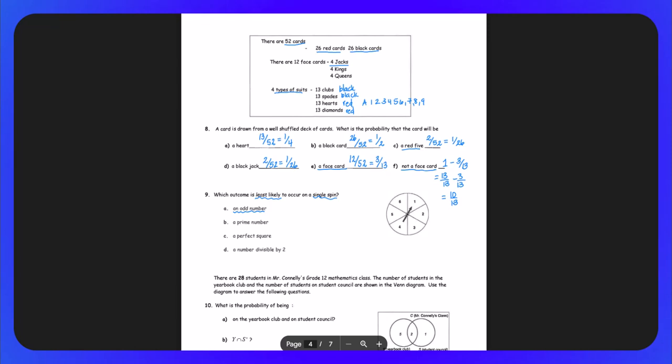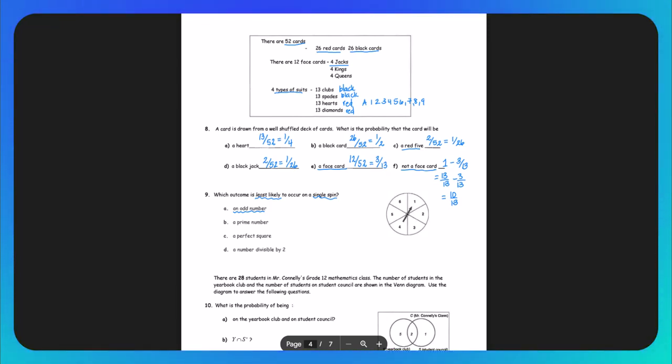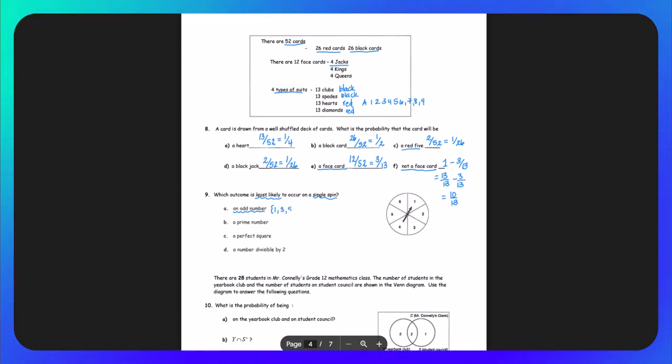Well, there are 3 odd numbers, and we can have an outcome of 1, 3, or 5. That would be, what is the probability of a 1, 3, or 5, basically. So the probability of an odd number is 3 over 6, but we're going to reduce that down to 1/2.